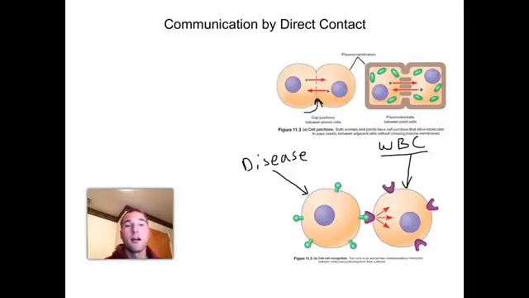That is a common form of communication, especially in our immune system, where we are able to identify bacteria and identify that it's no good. If that communication can happen, then the white blood cell will actually launch an entire immune response. So these are two examples of direct contact communication.